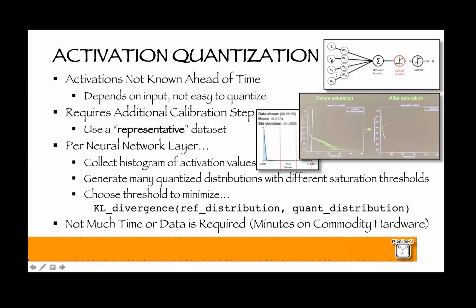You have these inputs, which are X, which are placeholders, times our weights, and these get added and combined, and then that value gets passed through the sigmoid function, the activation function. Then we want to quantize. Effectively, we're reducing the space that is being represented by both our weights and our activations.